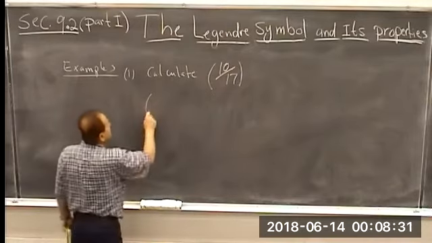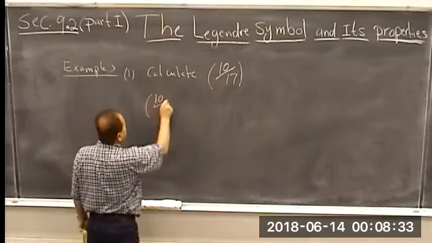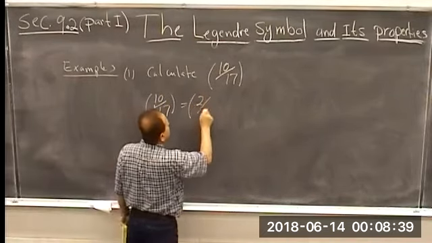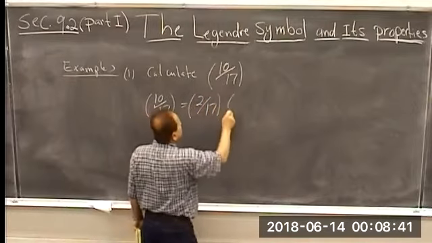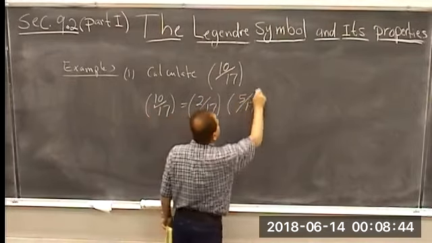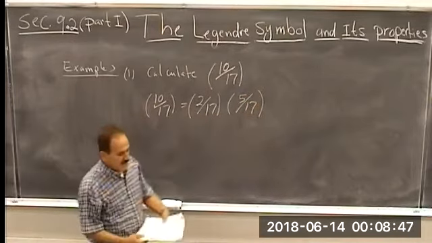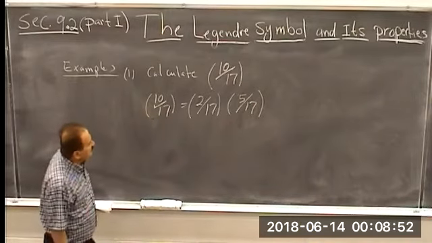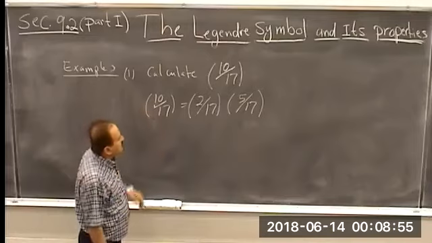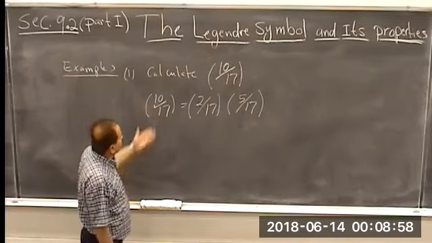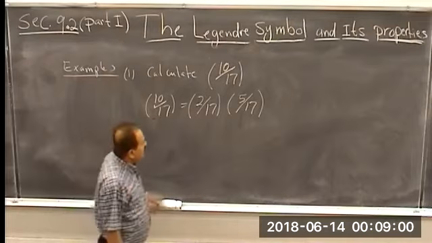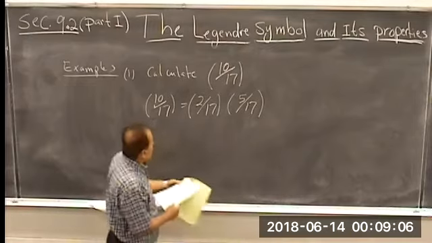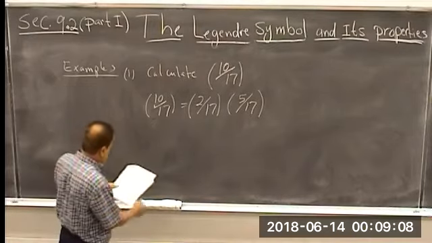By the third or fourth property, this one is equal to the symbol of 2 over 17 times the symbol of 5 over 17. Of course, we can again use Euler's criterion directly to evaluate this, or brute force by trying to find the solution of x squared congruent to 10 mod 17. But at least we know that we could reduce the work this way. And now we can find each one of these.